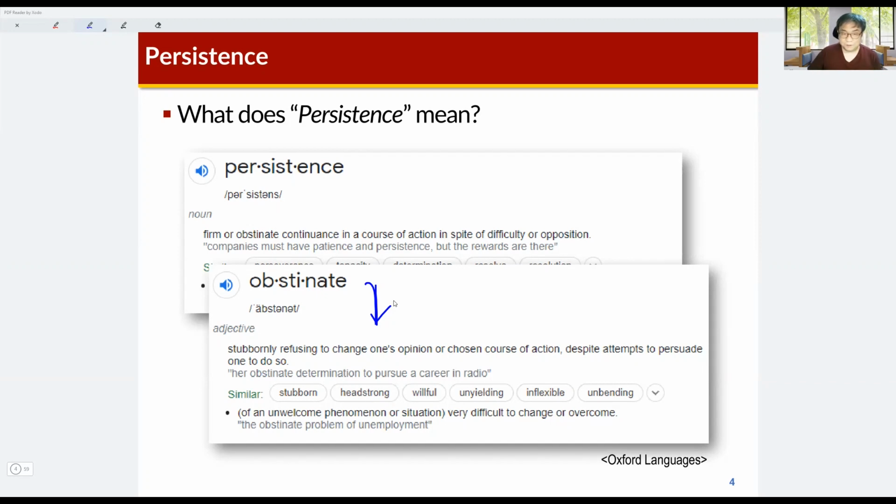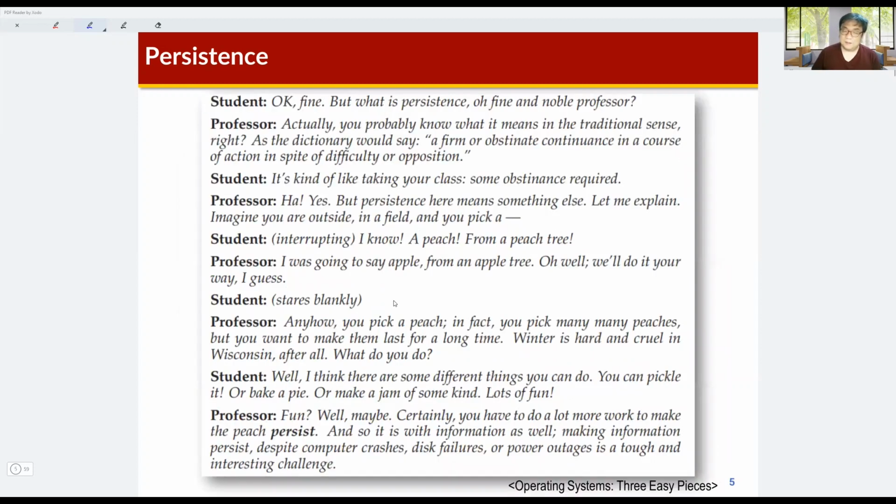Okay, then what's the meaning of persistence? Actually, the textbook provides a very funny conversation to explain the meaning of the terminology persistence.